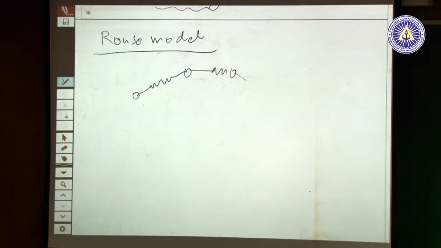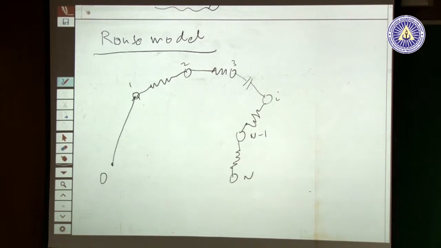So, I am introducing the Rouse model now. We will number the beads 1, 2, 3, up to i, n minus 1 and n, and we have an origin in space O, and here this is the bead position vector R1.